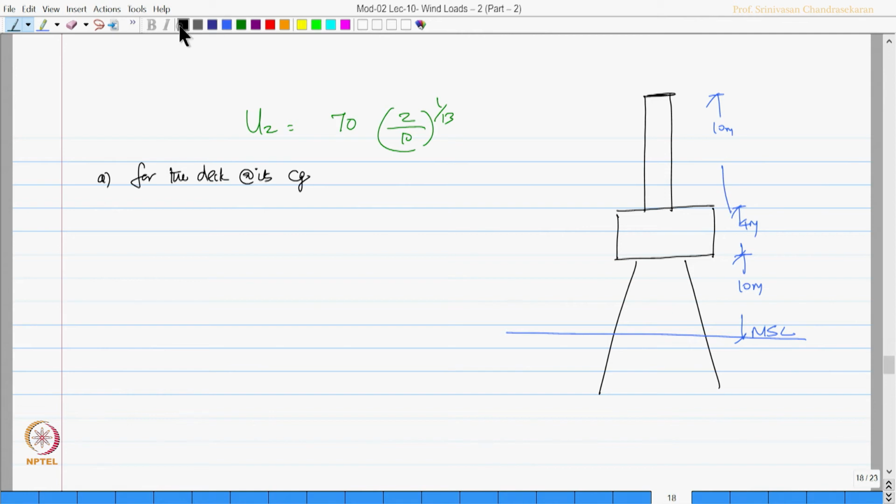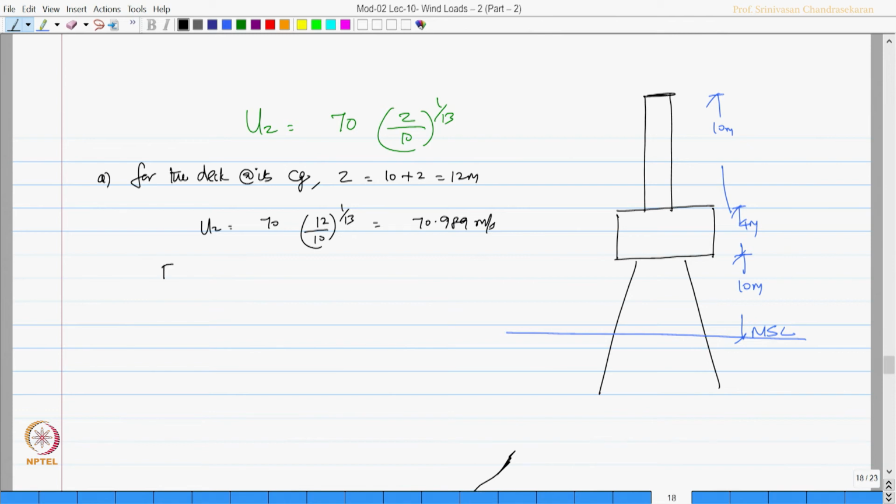In that case, for the deck at its CG, z value will be 10 plus 2, which is 12 meter. Therefore, u z is going to be 70 into 12 by 10 raised to the power 1 by 13, which gives me 70.989 meter per second.